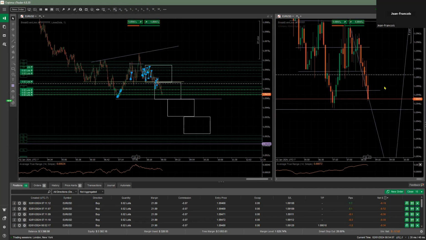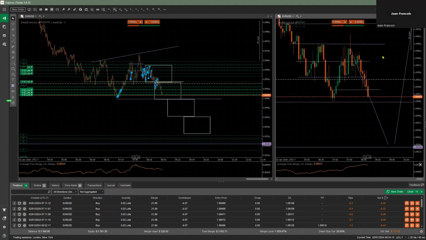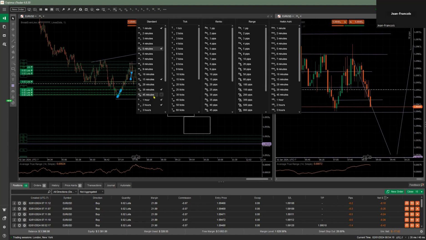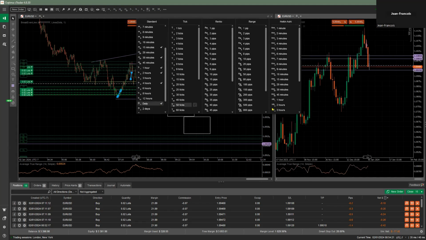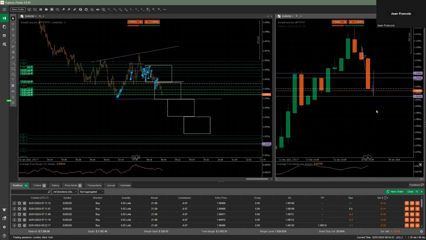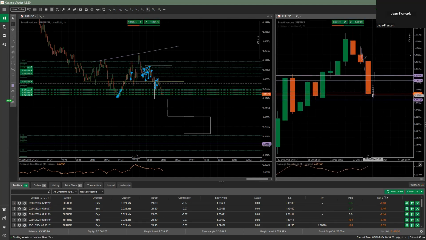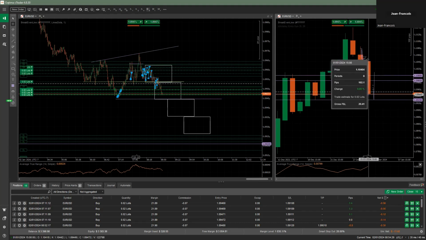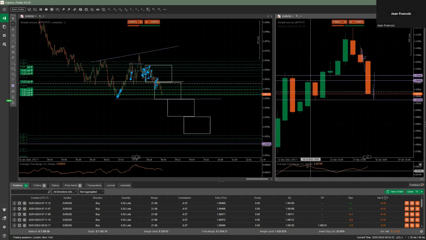Right. That's the probability. That's the assumption. And considering the ADR, remember that measurement we took at the beginning of the day? Right there, the average daily range. If we measure just today, it is at 102, and the average is 80.